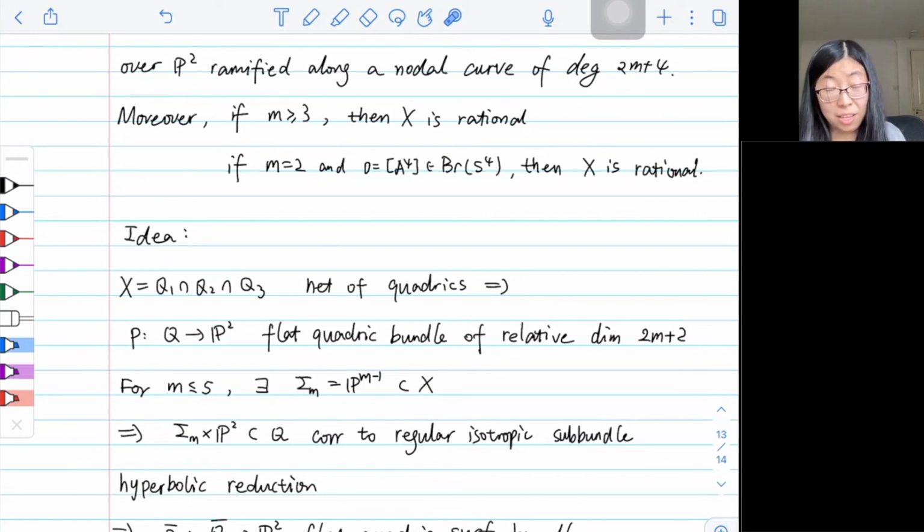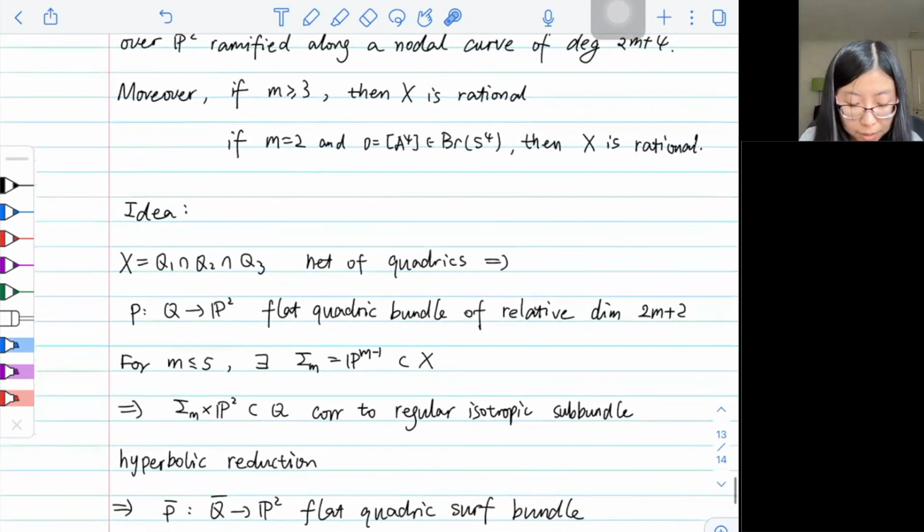So we do this by the hyperbolic reduction I mentioned before. When m is at most 5, you can always find a P^(n-1) inside of this complete intersection.